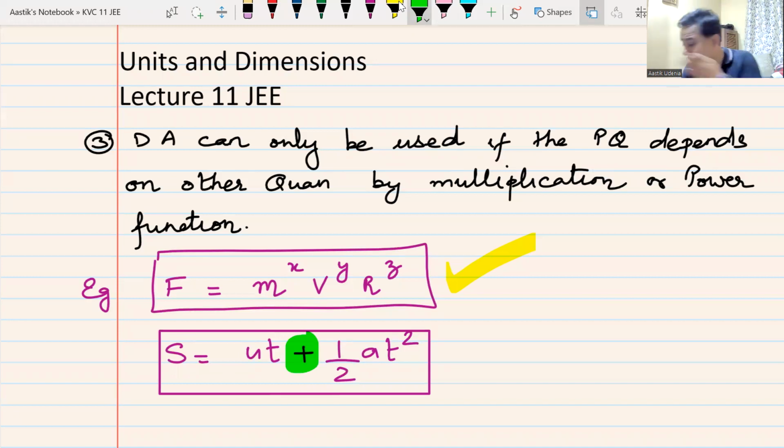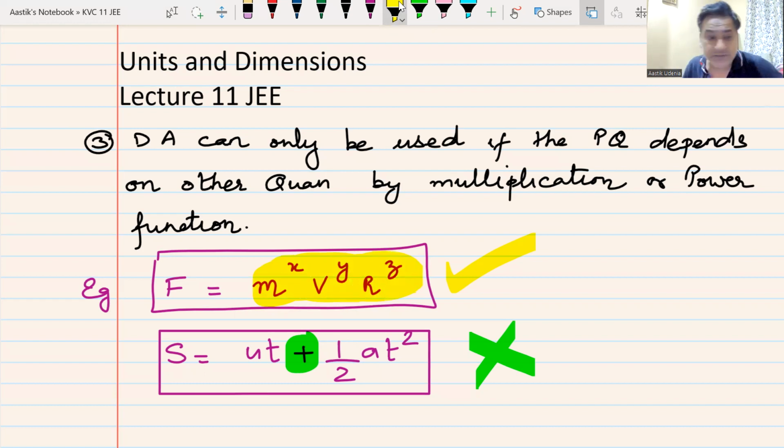We cannot derive it because there is a plus sign coming here or a minus sign coming there. You can only check whether this equation may be correct or may not be correct.